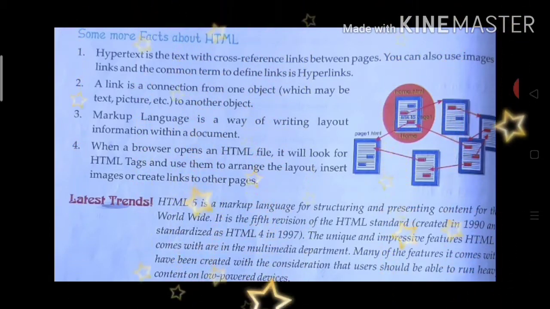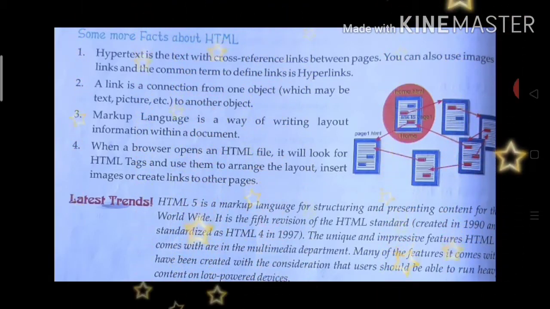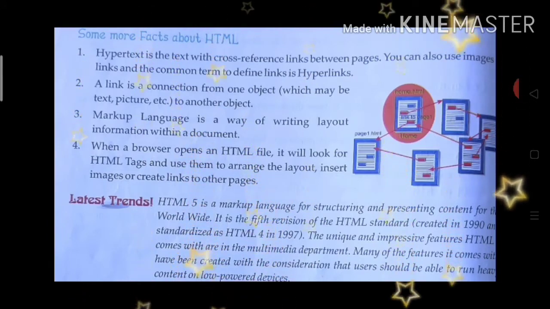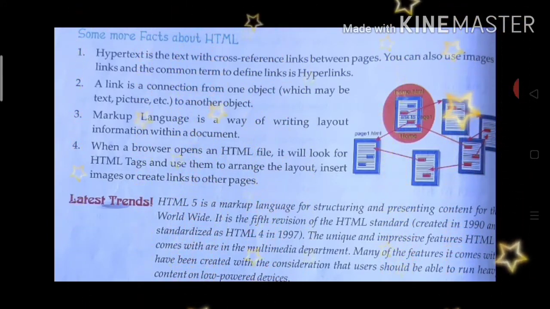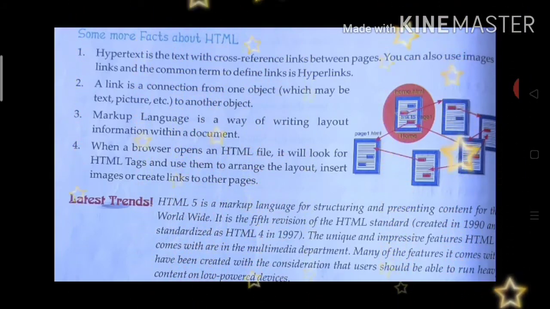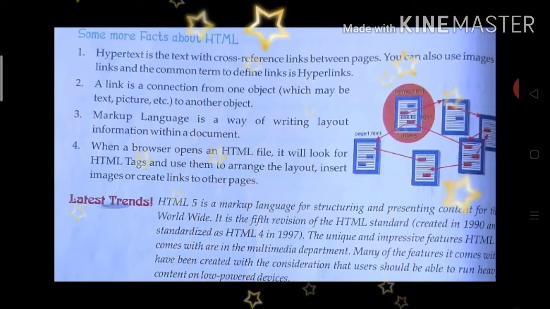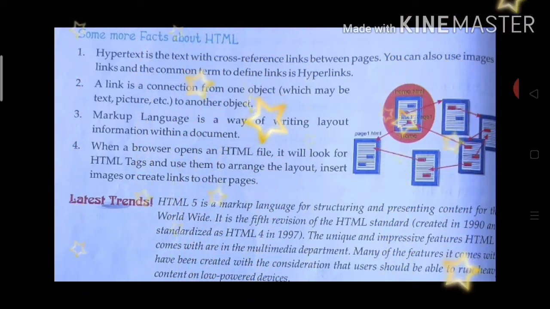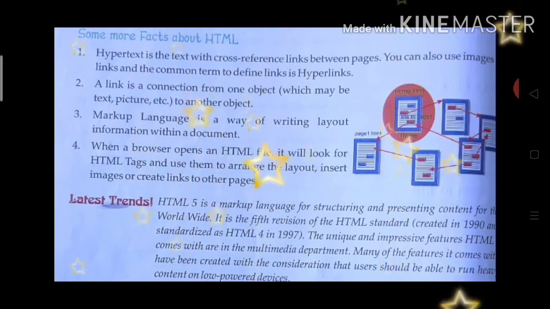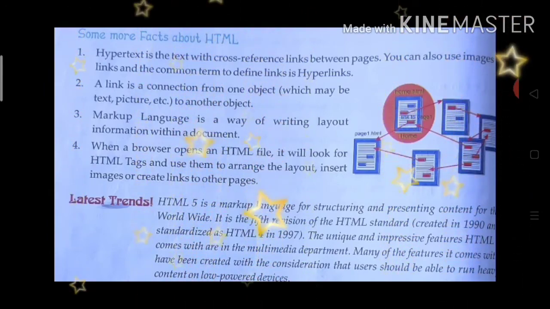The unique and impressive feature HTML5 comes with is in the multimedia department. Many of its features have been created with the consideration that users should be able to run heavy content on low powered devices.